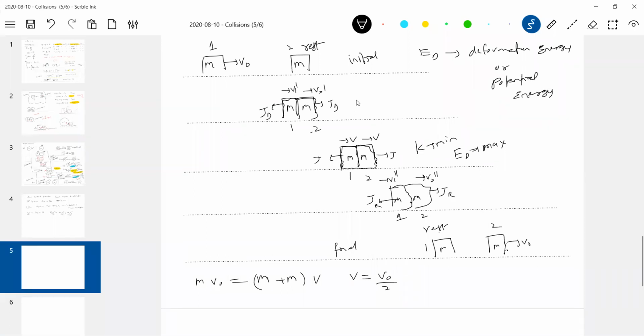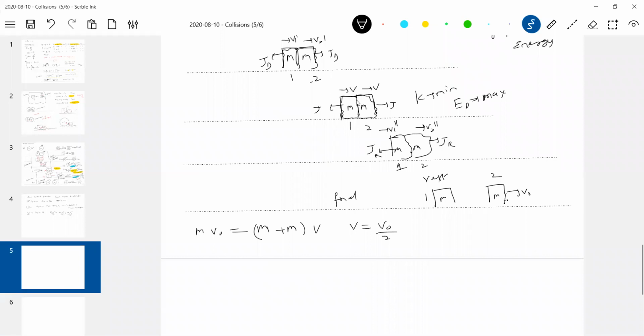Let's calculate the initial kinetic energy. It should be equal to the kinetic energy at deformation, or minimum kinetic energy, plus the maximum deformation energy. What is the initial kinetic energy? m v naught square by 2.